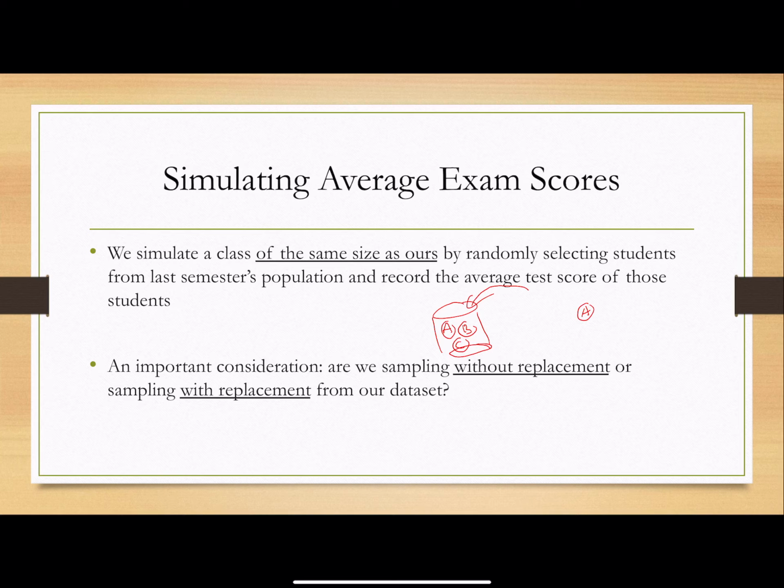So this is when we talk about without replacement. You take the ball out and you don't put it back. Whereas with replacement, that means that you have your jar with your A, B, and C, and you pick the A out, and then you put it back in, so you have A, B, C again, and then you pick out a second ball at that point in time, and if you do that, you could possibly get the A again.